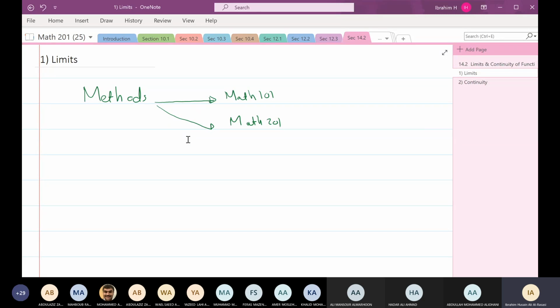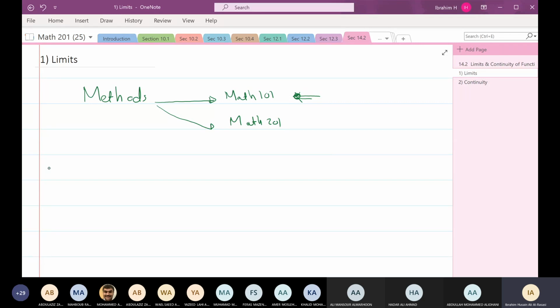Again, today I will just explain the methods of Math 101, and I will leave the methods of Math 201 for next class. But we concentrate on Math 101. And now you will see you really need to just refresh your memory and recall some of the methods of Math 101. What are these methods? I will illustrate them with examples directly.